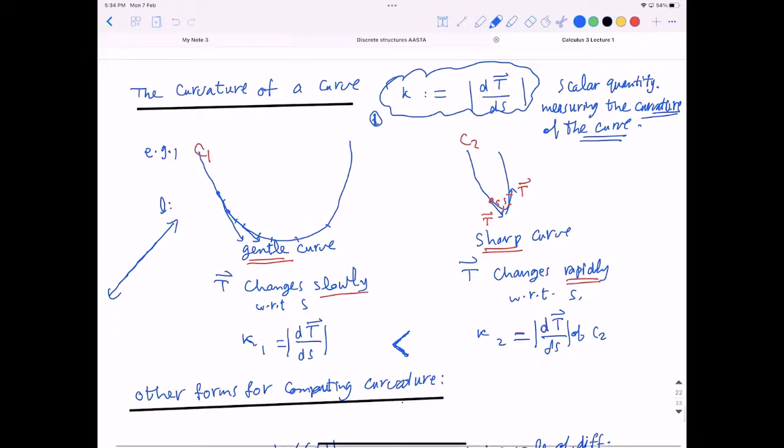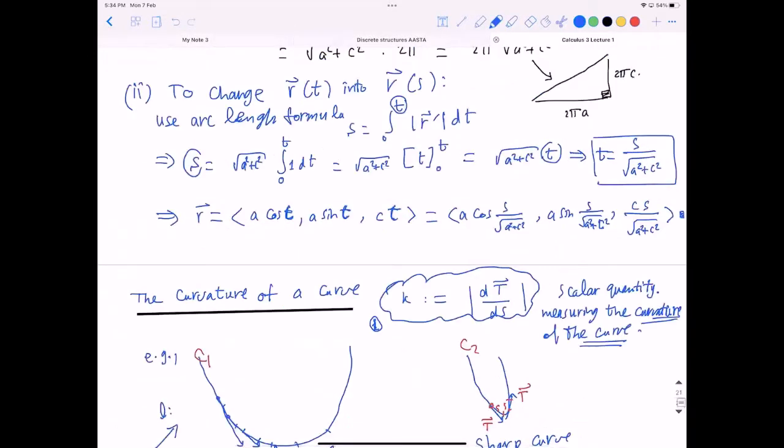Because look here, when we need to calculate the curvature, we need to use this formula, depending on S, to find from R, its R prime. R prime is the tangent vector divided by its magnitude to get the unit tangent vector capital T, then differentiate with respect to the arc length S. But this is a bit difficult, a bit tedious calculation. So we are looking for other formulas from this definition.